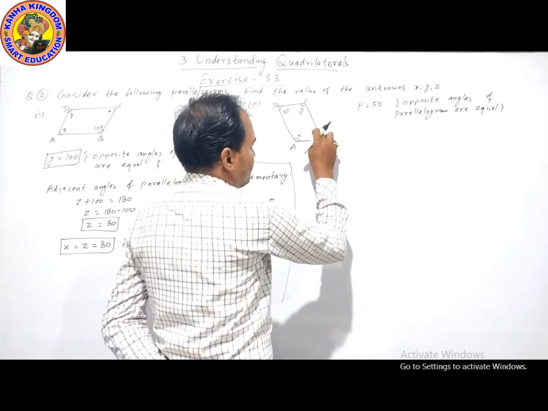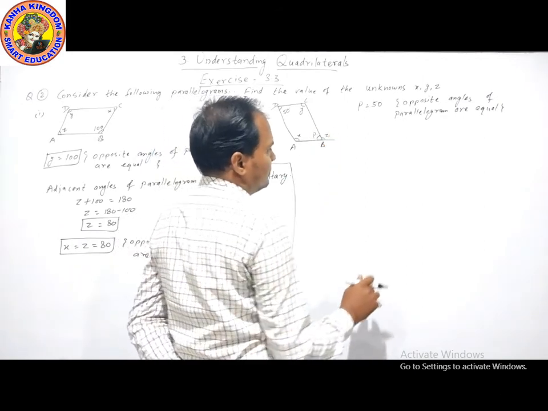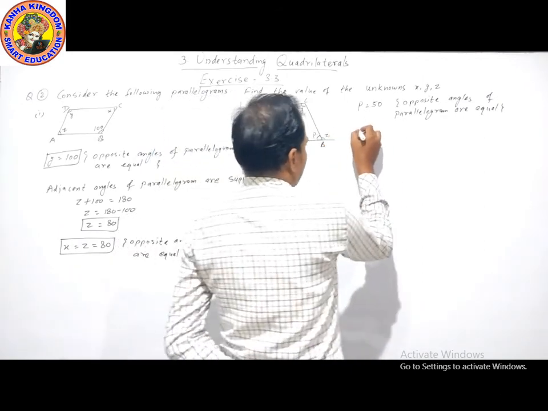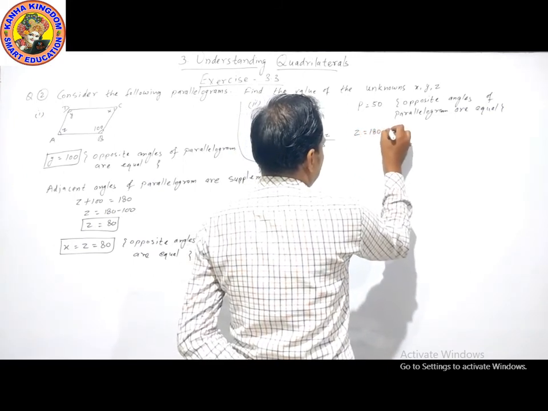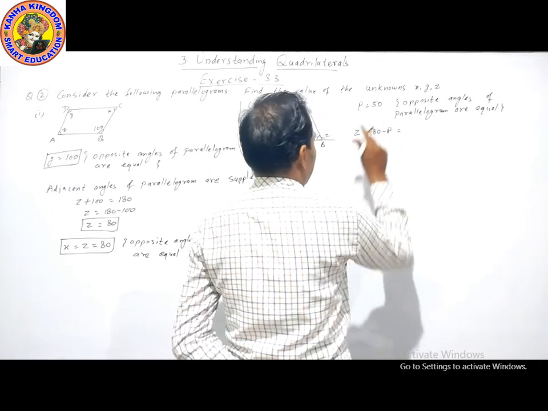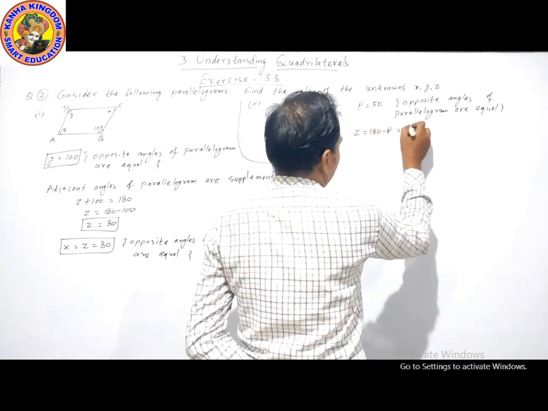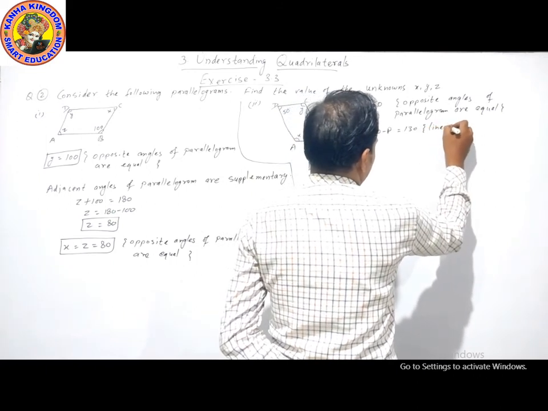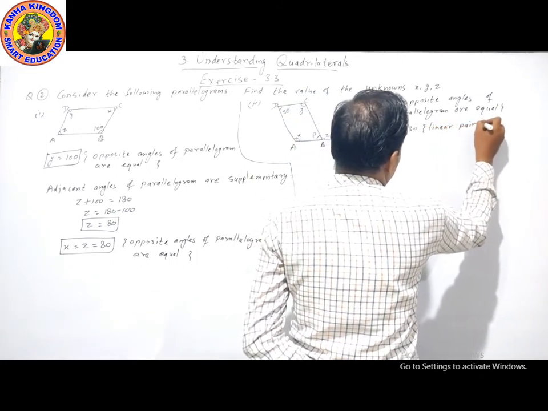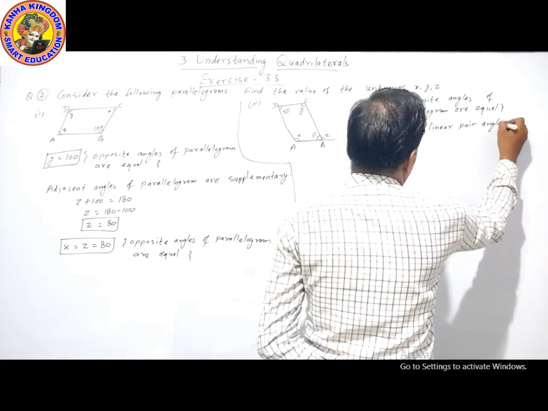Then P and Z are linear pair angles. So Z is equal to 180 minus P, P is 50, 180 minus 50 is 130, because of linear pair angles.